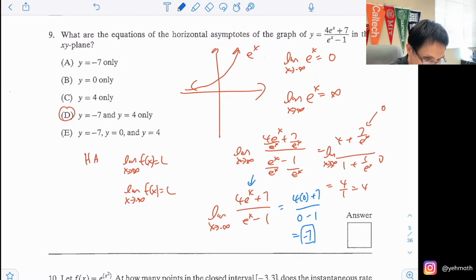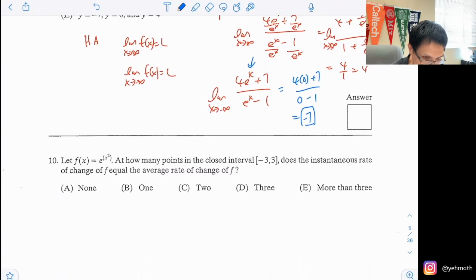Only the coefficient matters, which is 4 over 1. As long as you can see it, you're fine. You don't even have to show me that much work, but I show you the work just to show you what I did. This is the amount of work I expect you to show. Some of you just ABCD through all of them, and that's where I'll say that's not really showing me a lot of things.